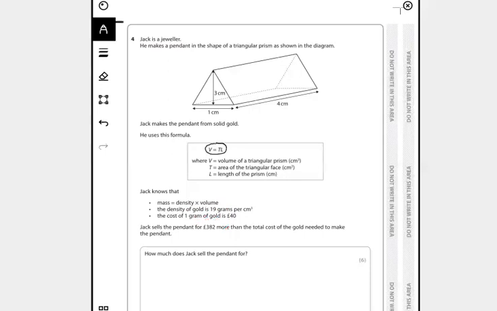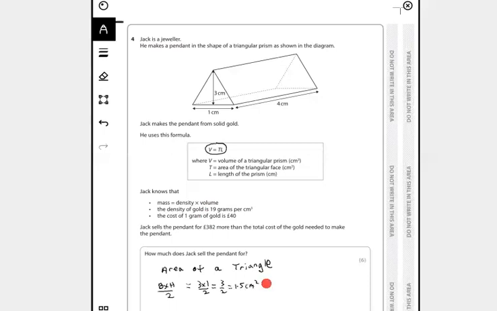First of all, we need to find the volume. The first thing we need to do is find the area of a triangle. Area of a triangle is base times height divided by 2, which is 3 times 1 over 2, which is 3 over 2, which equals 1.5 cm square.